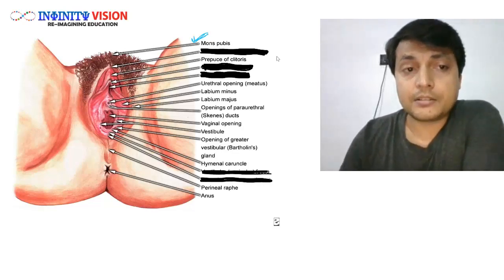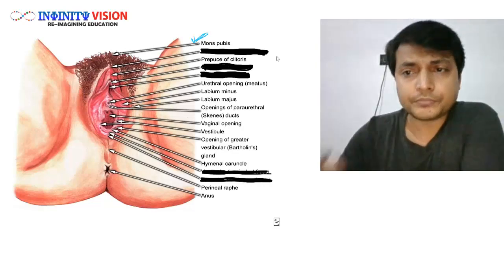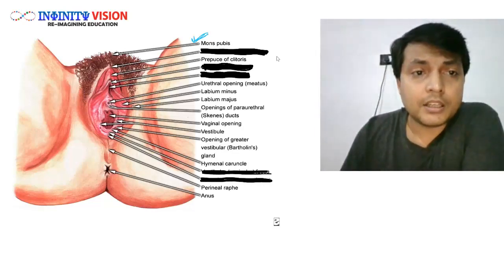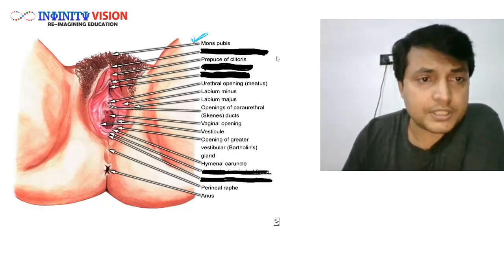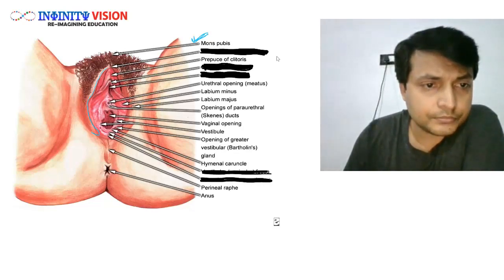After this mons pubis, the external genitalia starts, and what we see here is an outer flap of skin. Can you see this one?